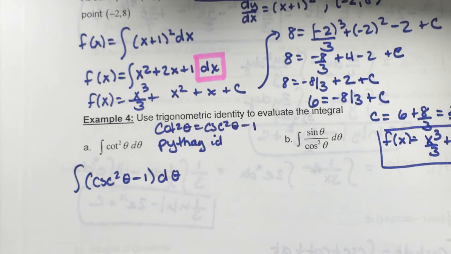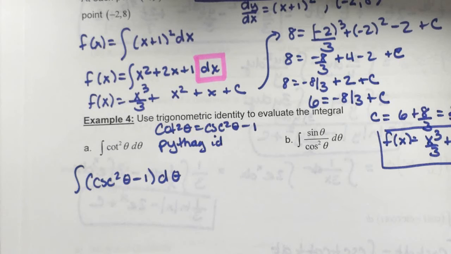If I manipulate this last Pythagorean identity I wrote, I solve for cotangent squared. Now, look at the integral that I wrote. Is there a function whose derivative is cosecant squared? Well, what's the derivative of cotangent? Oh my goodness, good thing we're having a quiz.